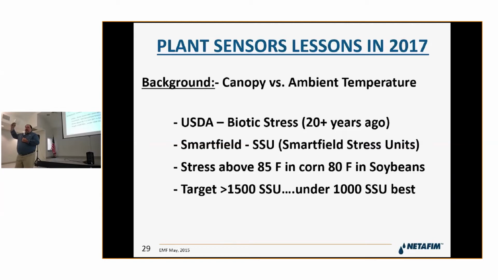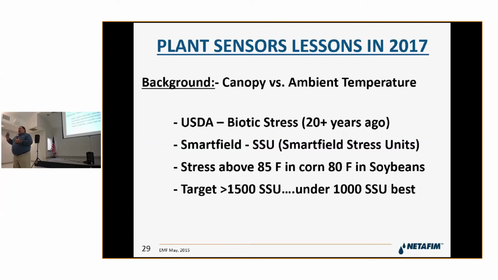Why is that important? We know that the ideal temperature for corn is around 85, 86 degrees. Do you guys get above 85, 86 degrees here in Kansas? We certainly do. We do everywhere. So above that temperature, how does the plant deal with the stress that relates to that temperature?